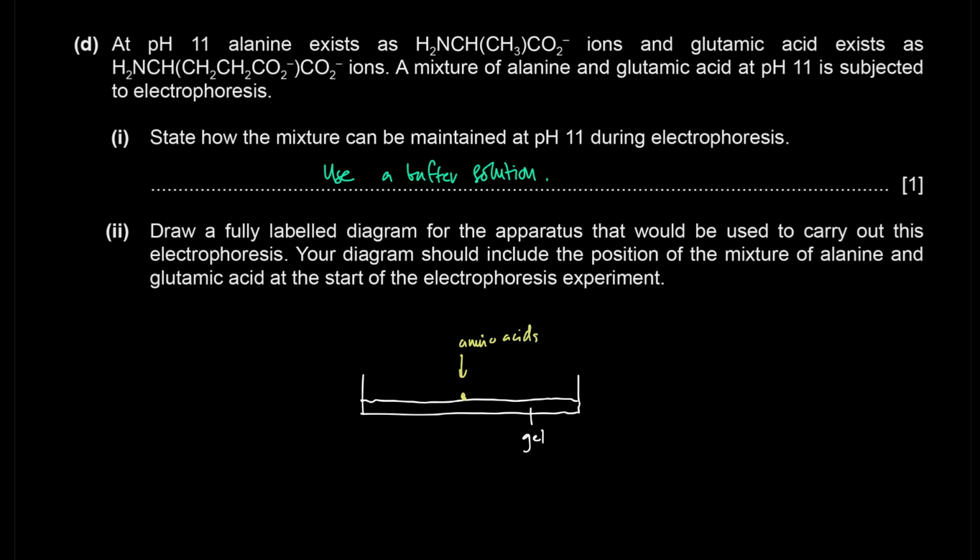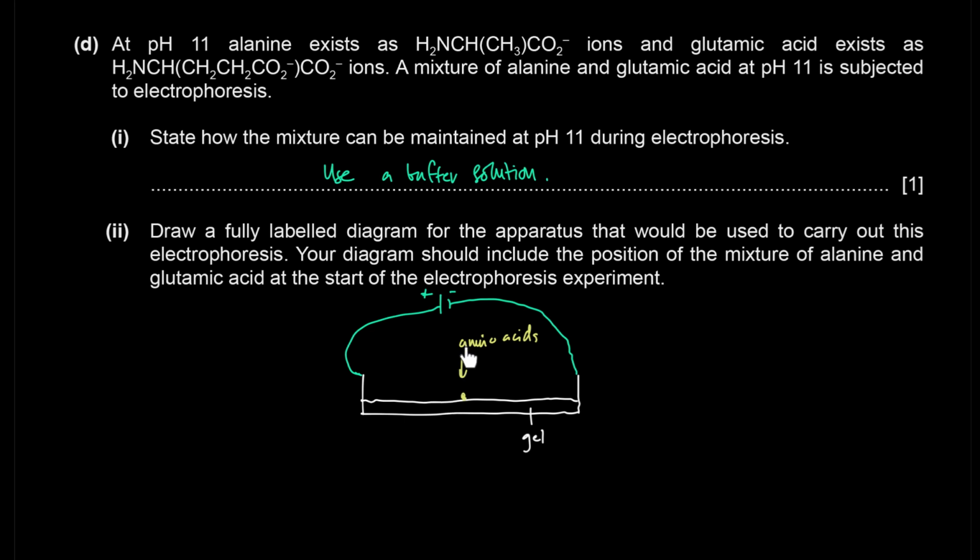You have these metal plates on either side that are connected to a power source. So you have the positive terminal and the negative terminal over here. Since you have negatively charged amino acids, which terminal do you think they'll move towards?